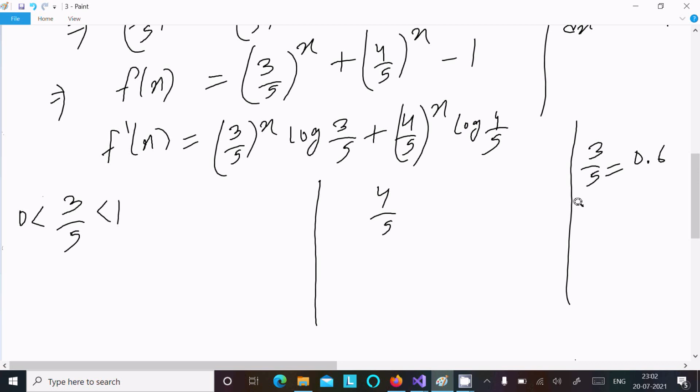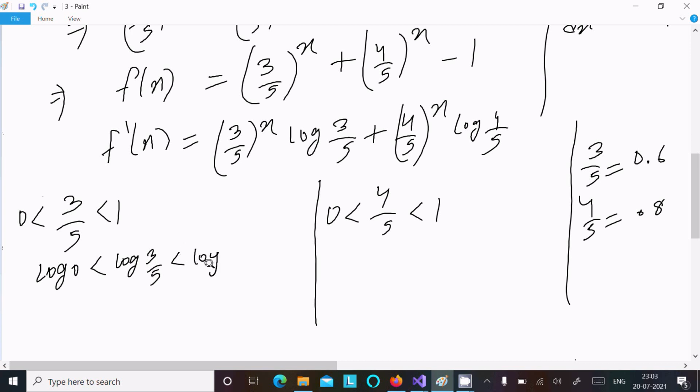The same thing, 4 by 5 is 0.8, which is greater than 0 but less than 1. After that let's include the log: log 0, log 3 by 5, log 1. The same thing, log 0, log 4 by 5 and log 1.